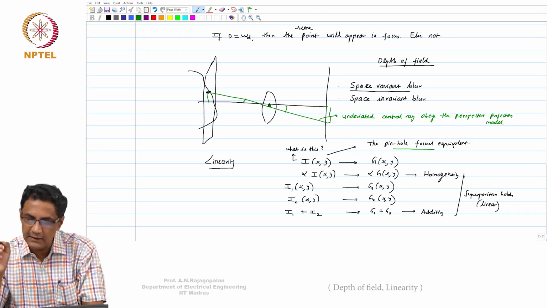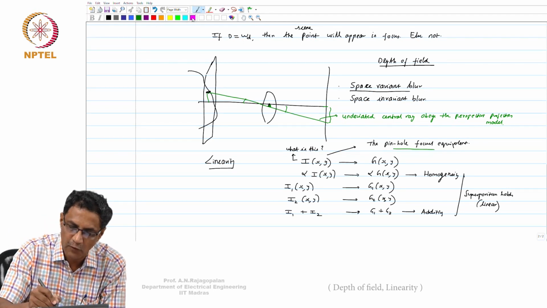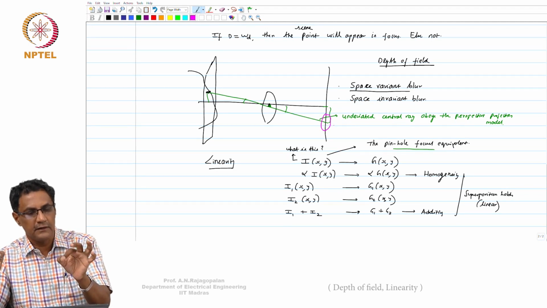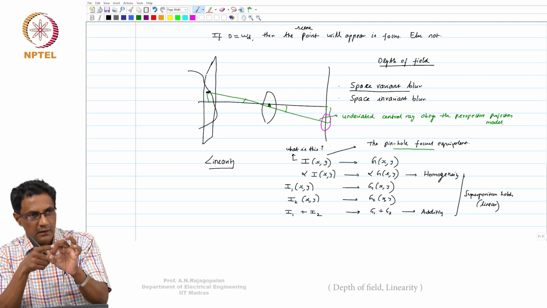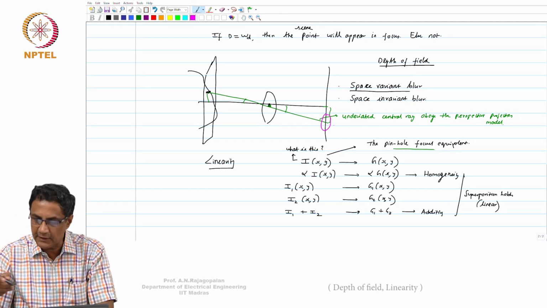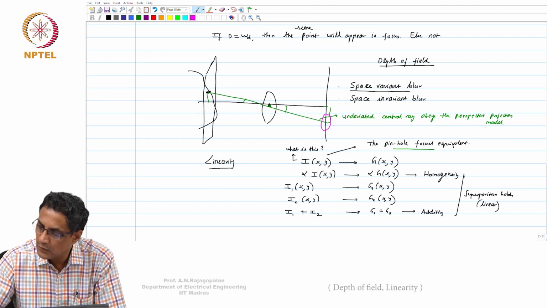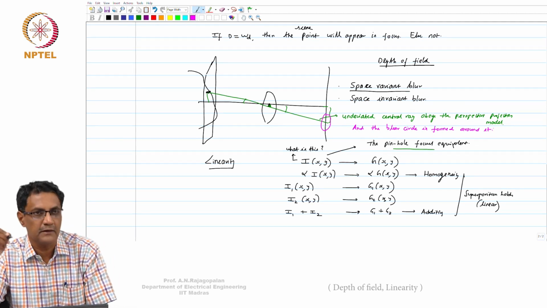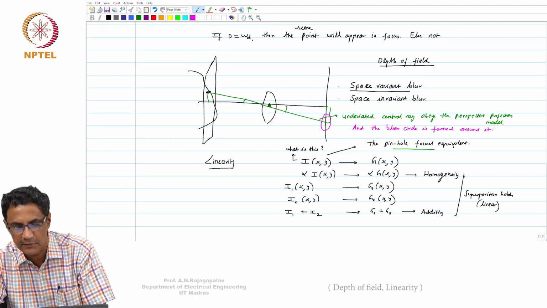And the third interesting point is the blur circle gets formed about this ray. So it's like saying that the principal ray or the central ray, which obeys the perspective projection, and the blur circle is formed around it, in the sense that after it hits the image plane, the blur circle is getting formed around it.